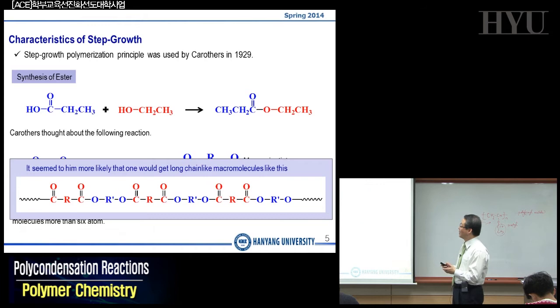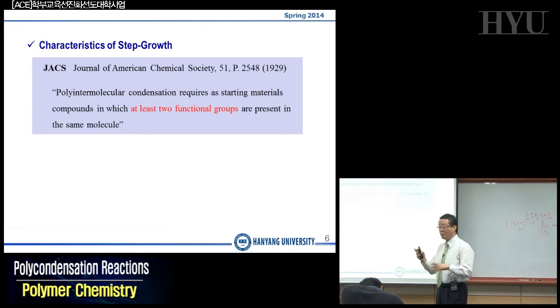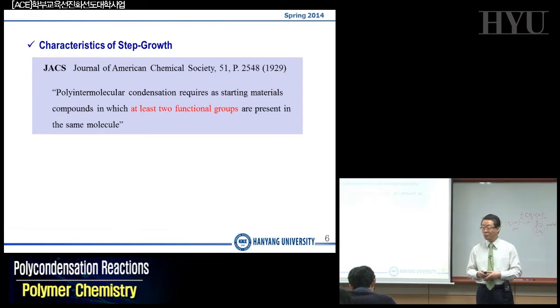Okay, so he published an article in 1929 in the Journal of the American Chemical Society, and he said that intermolecular condensation requires as a starting material components in which at least 2 functional groups are present in the same molecule. That means that if you want to make a polymer, you have to have bifunctional monomers. At least 2 functional groups present in one monomer is a very essential requirement of polymerization reactions.